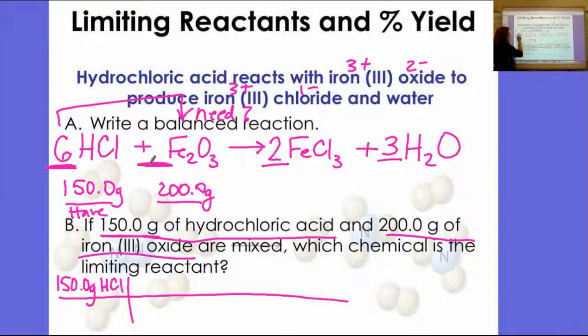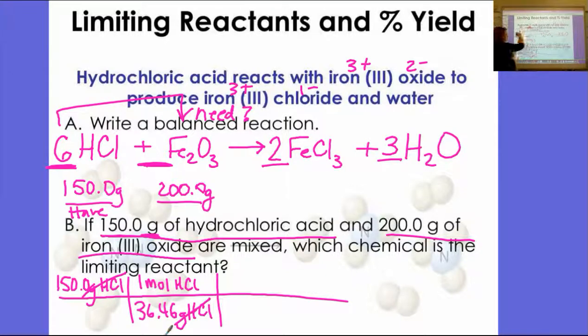Some point in time I'm going to use a 6 to 1 ratio, but since I'm given in grams, I have to go look up some molar masses. So the molar mass of hydrochloric acid is 36.46 grams in 1 mole. Thinking of my snowman, I just converted grams to moles.